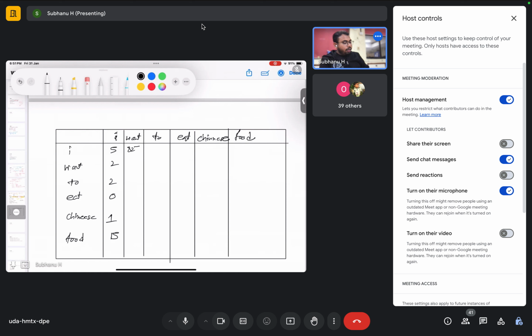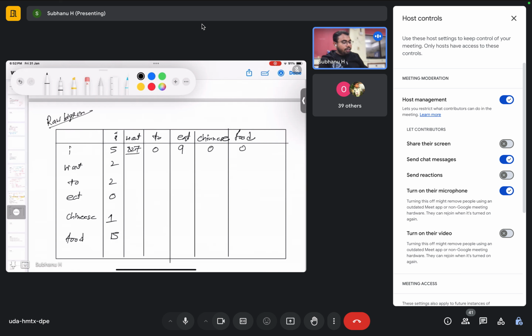You can see that this number is very big, 827. So many times when you say I, you say I want to do it. But you never say I to do it. Sometimes you say I eat, but you never say I Chinese or I food. So this is the bigram table. What I am drawing now is a raw bigram table.